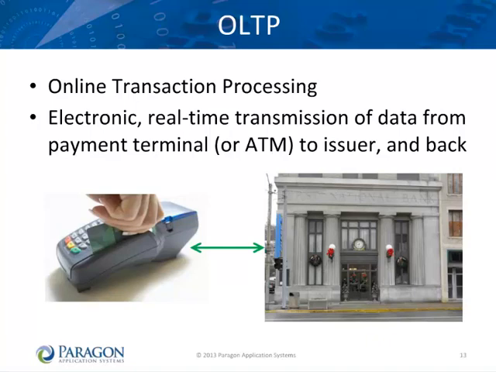The process of sending transaction information electronically from a payment device to an issuer real-time and receiving information electronically from the issuer is known as Online Transaction Processing, or OLTP. We will talk a lot more about this process in upcoming presentations.